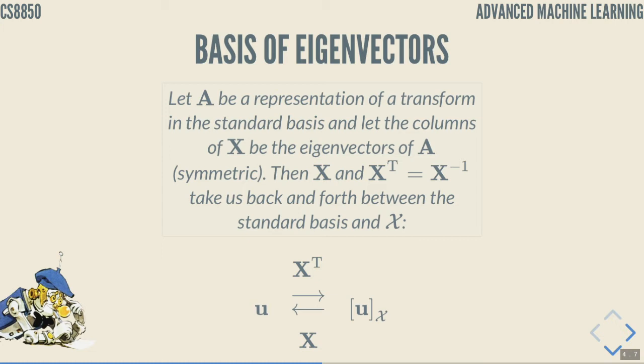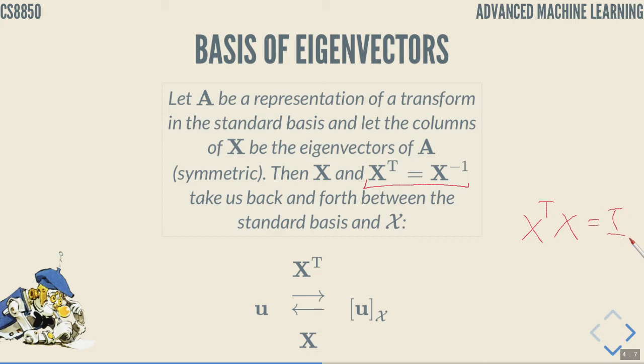Then X transpose equals X inverse for the basis of eigenvectors, which are orthogonal, because X transpose X for orthogonal bases is identity.